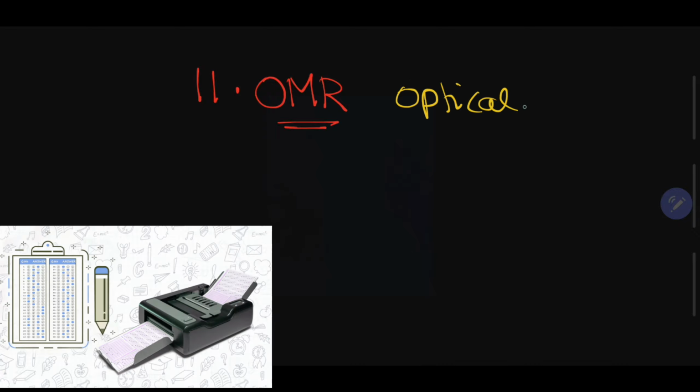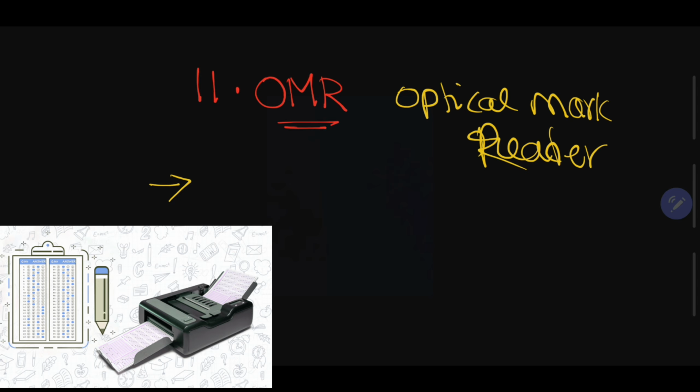Next device is OMR. The full form is optical mark reader. This reader reads data which is bubbled or marked with a pencil in particular grids.